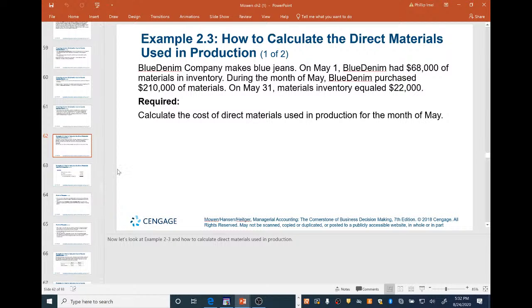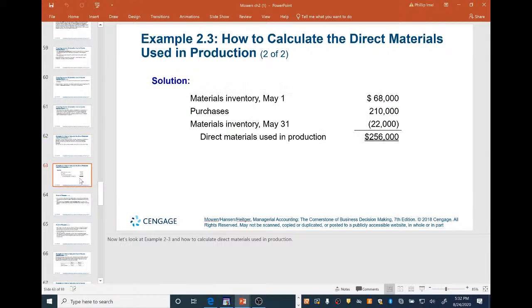Anyone think they have it? Okay, what'd you get? $256,000.